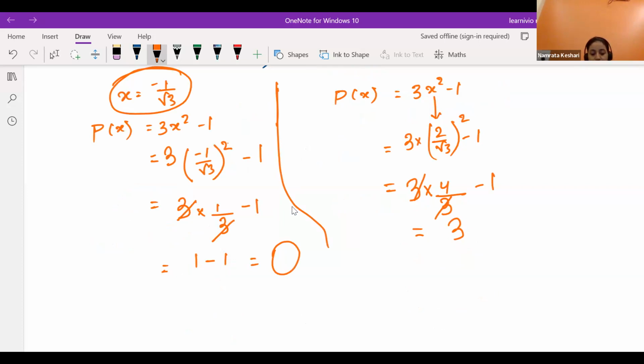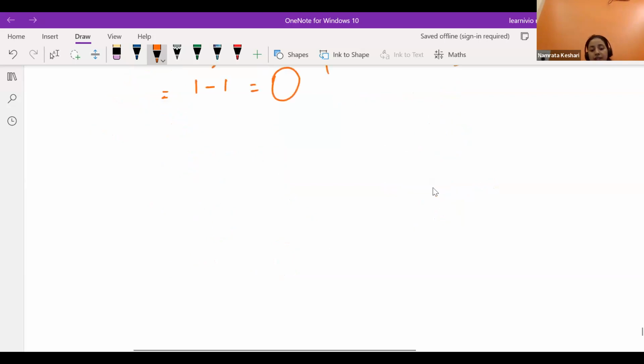Now factor theorem. The remainder theorem and division are not there in your syllabus. In the polynomial chapter, there is a very important concept, that is the remainder theorem.